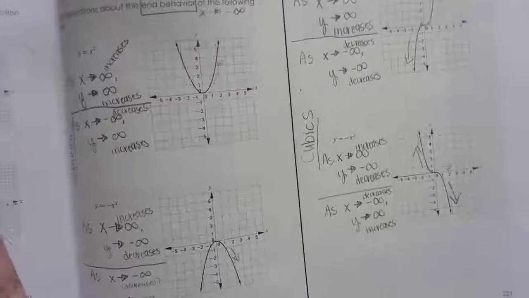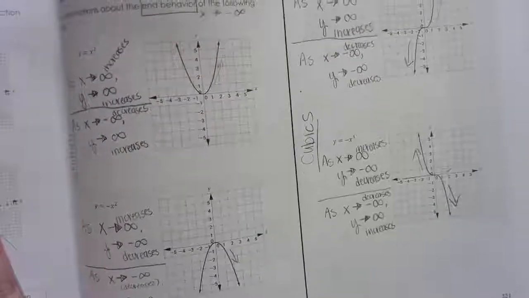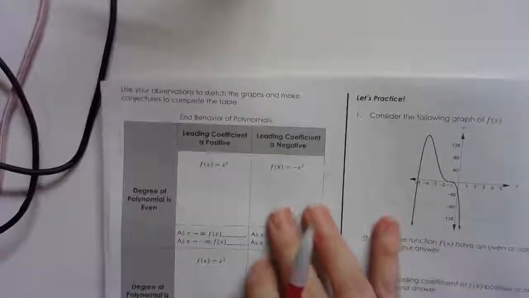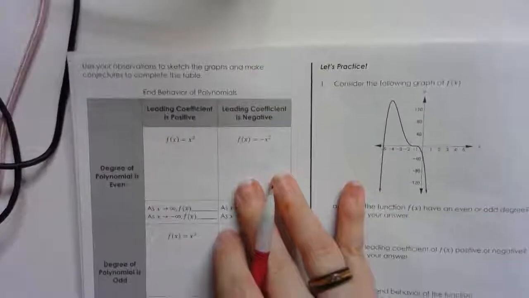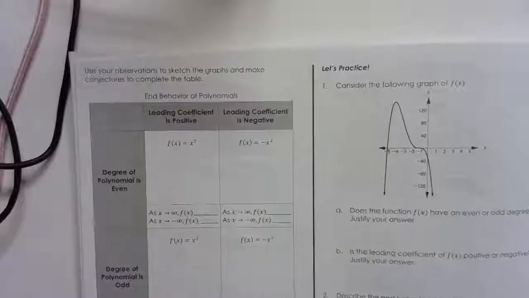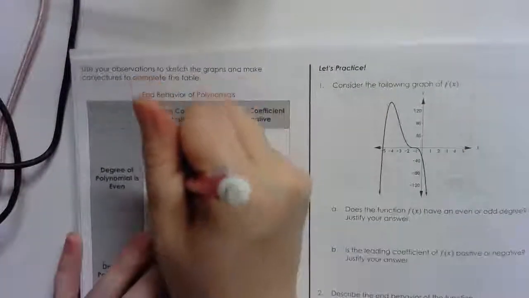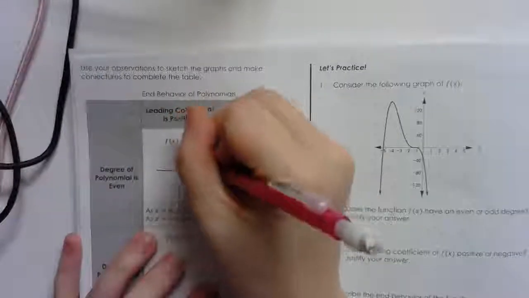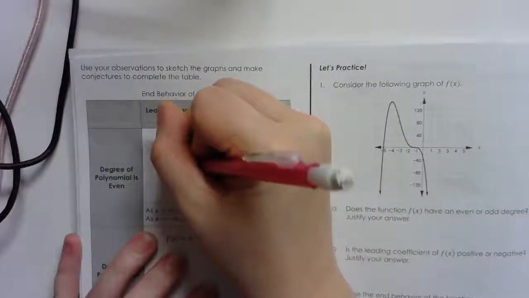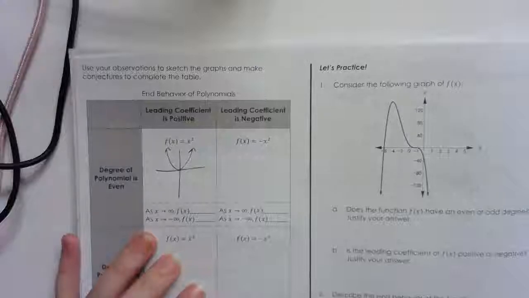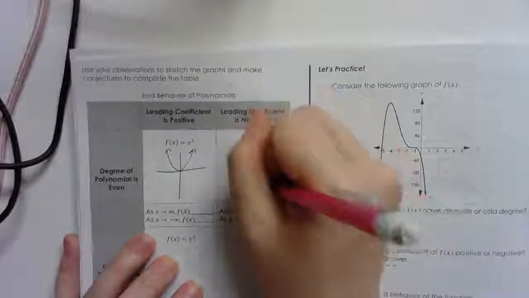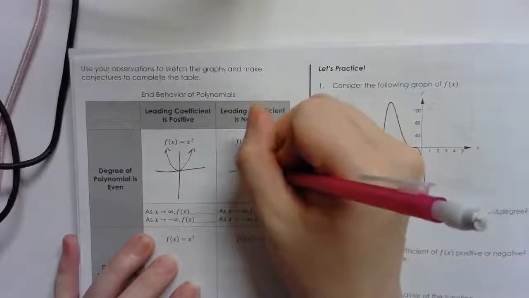All right, so we have a table here, and we're going to fill in on this table what happens. So f of x is equal to x squared. So the sketch of that graph was this. And f of x equals negative x squared.